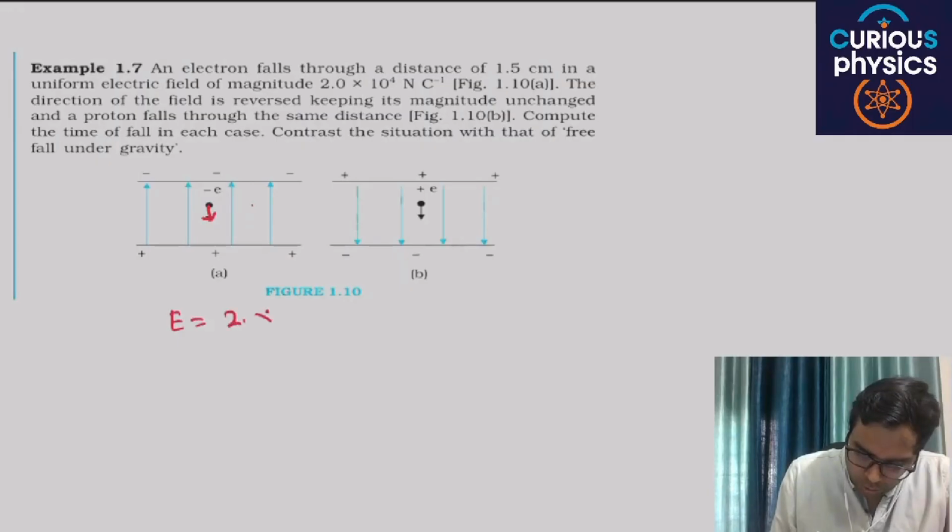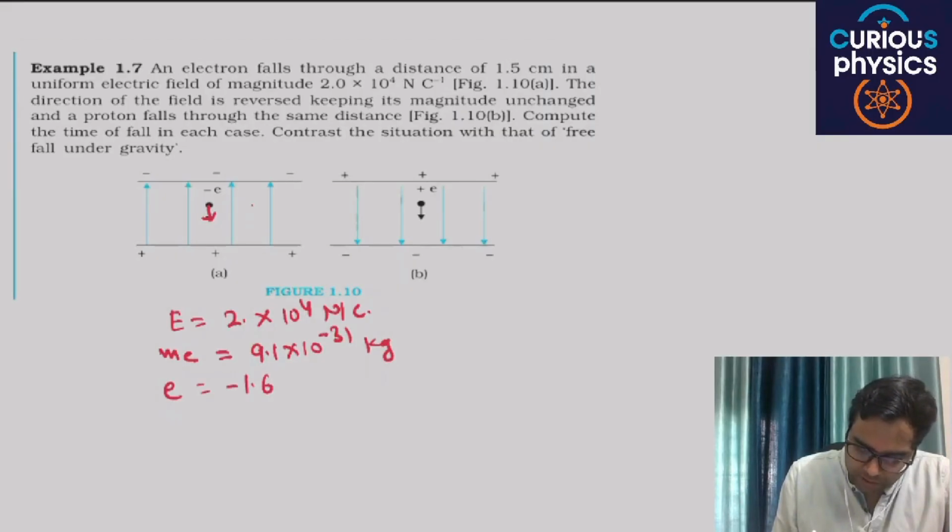2 into 10 raised to power 4 Newton per coulomb, and the mass of the electron is 9.1 into 10 raised to power minus 31 kg, and the charge on the electron is 1.6 into 10 raised to power minus 19 coulomb.